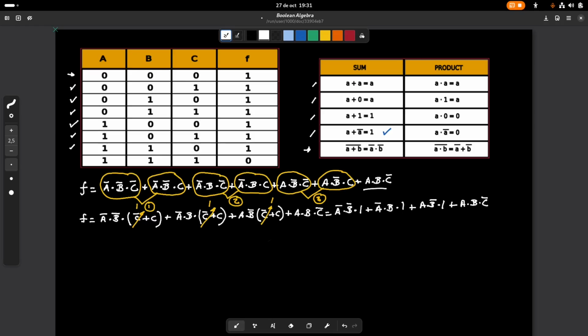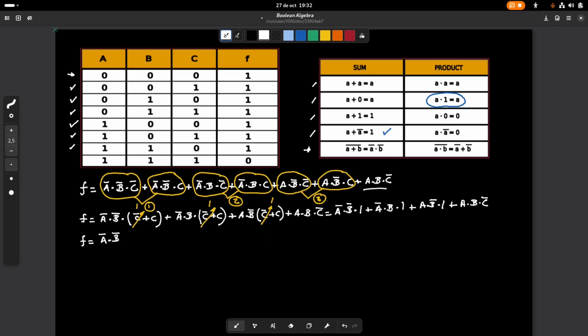but from the same table we can see that a term ended with 1 equals A. Okay, so from here we can get f equals A negated and B. By using this, A and 1 equals A, so here we have A negated, B negated, and 1.